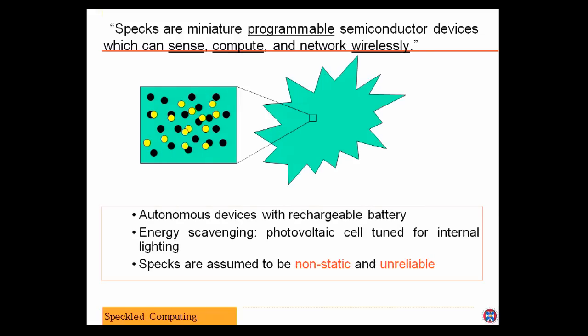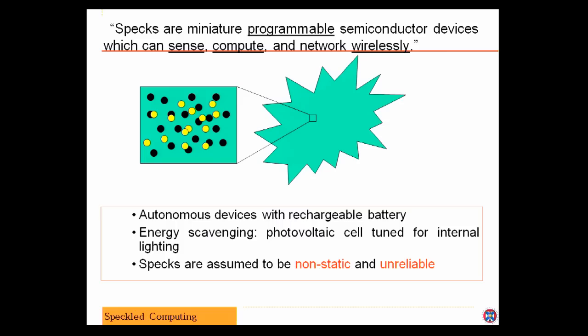So these specs are miniature programmable semiconductor devices. I think the word programmable is extremely important here because it's the behavior that you invest in these particular devices which differentiates one application from another. So they are programmable.